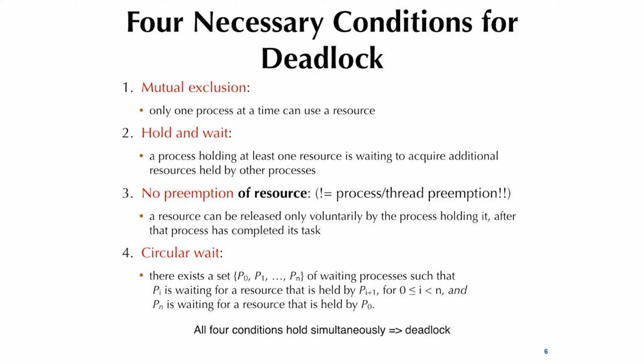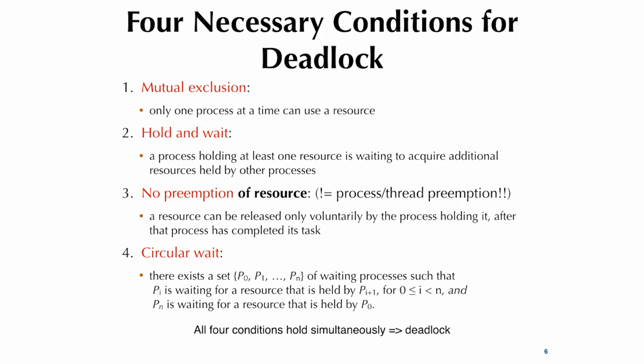The way you draw this is as a directed graph. An edge from a process to a resource type is a request, and an edge from a resource to a process is an assignment.